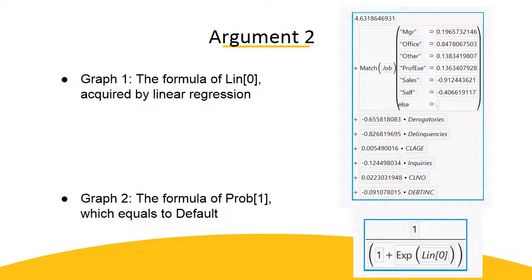And graph 2 is a formula of probability 1, which equals default. As you can see, it's positively related to Line 0. So the symbol remains the same, which means factors negatively related to Line 0 are also negatively related to default, and those positively related to Line 0 are also positively related to default.